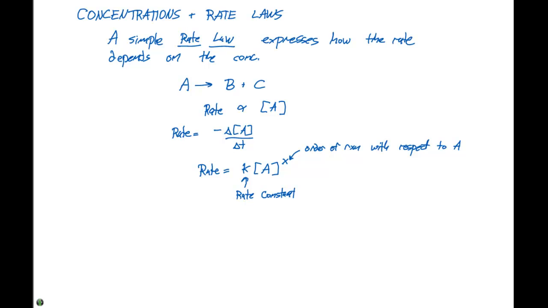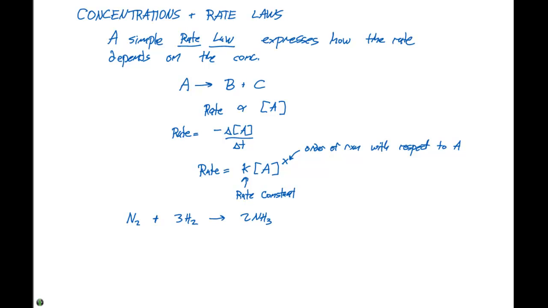reactants. So for example, if we had a particular reaction where I took nitrogen gas and added 3 moles of hydrogen gas, we could produce 2 moles of ammonia. This is a very important industrial reaction to produce ammonia.